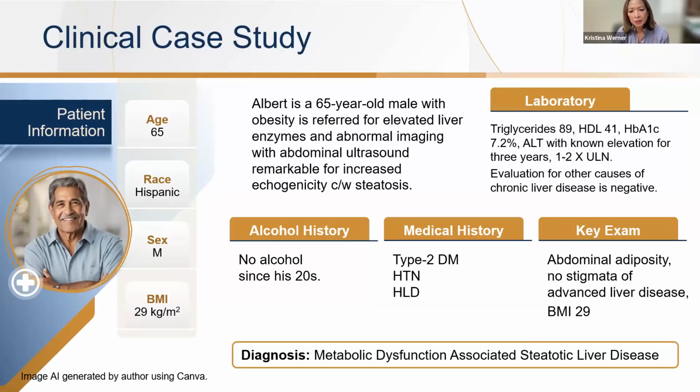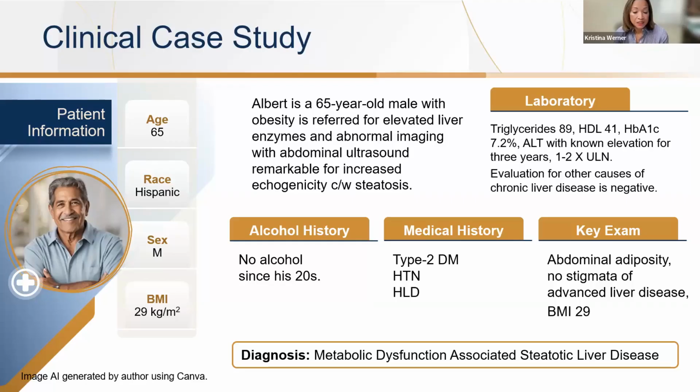So Albert is Hispanic. He is male and no alcohol since his 20s. Medical history includes type 2 diabetes mellitus, hypertension, hyperlipidemia, and laboratory tests showed triglycerides of 89, HDL 41, hemoglobin A1C of 7.2%, ALT with known elevation at least 3 years, about 1 to 2 times upper limit normal, and the evaluation for other causes of chronic liver disease is negative.